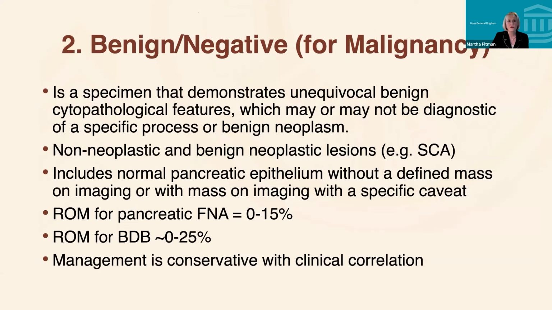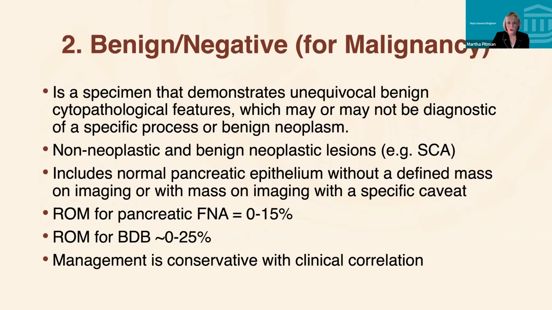So category 2 is the benign or negative for malignancy category. It demonstrates unequivocal benign cytopathological features that may or may not be diagnostic of a specific process or benign neoplasm. And as I said, in contrast to the PSC, this system includes both non-neoplastic and benign neoplastic lesions, and the neoplastic lesions are going to be dominated by your serous cystadenoma.